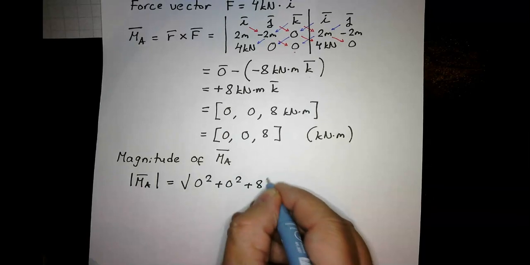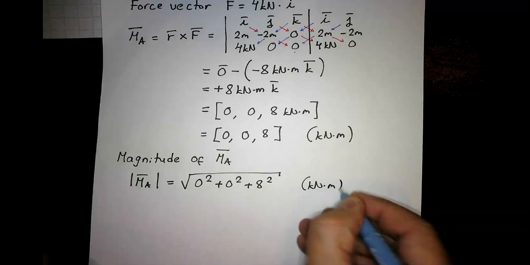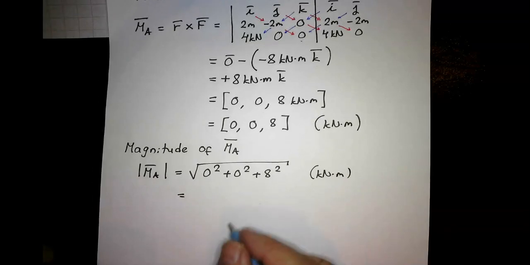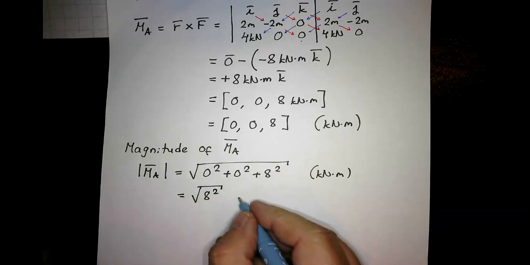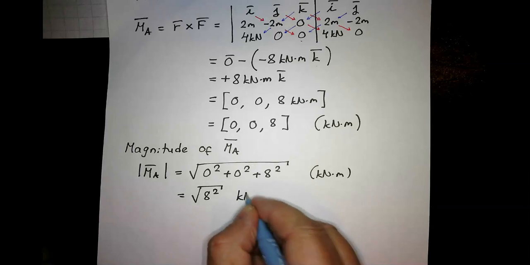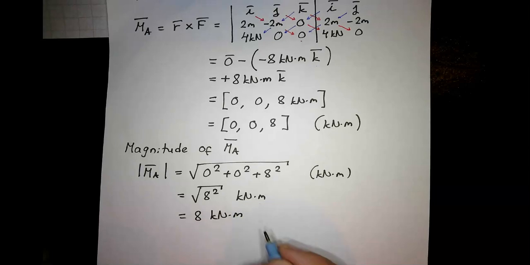So we get it like here, and the unit is kilonewton meters. And again we can see that it is the square root of 8 squared, and this will give us 8 kilonewton meters.